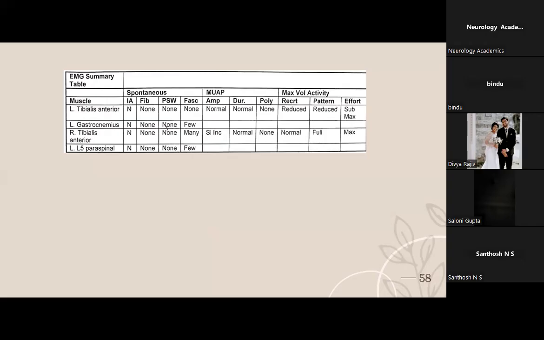He has been sent for a USG of the peroneal nerve. Patient was asymptomatic, so further workup was not done.